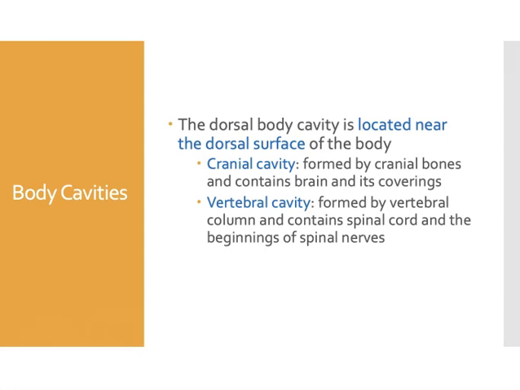So the dorsal body cavity, again, is located at the dorsal surface of the body. It includes the cranial cavity, which is formed around the brain, and the vertebral cavity, which is formed around the spinal cord.